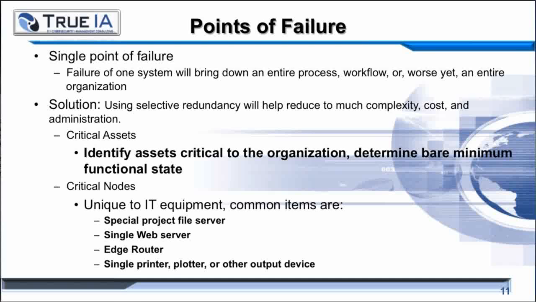You should identify all critical assets to the organization and determine the bare minimum functional state. You should also identify any unique IT equipment, such as web servers or edge routers or a single printer or plotter that is mission critical to the environment.